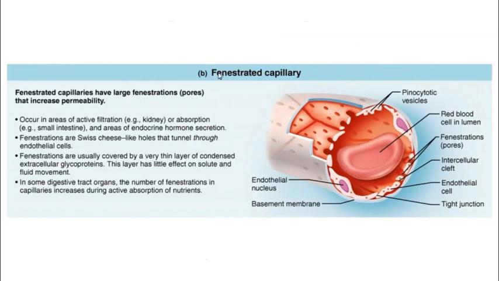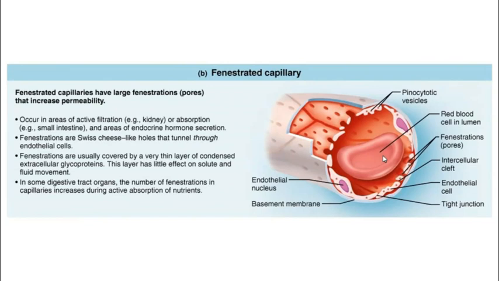Just another look at those fenestrated capillaries here. Remember, fenestrated capillaries have small pores in them. These small pores are large enough to allow fluids to leave the capillaries, but not blood cells or proteins. So in a healthy kidney, we'll see water in the filtrate, we'll see glucose in the filtrate, and we'll see electrolytes like sodium and potassium in the filtrate.